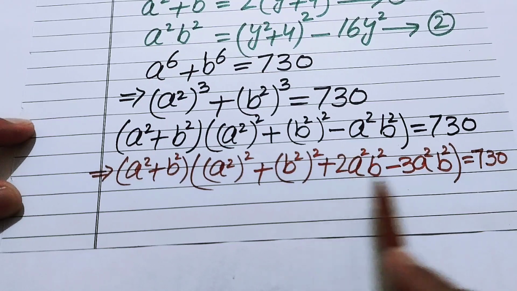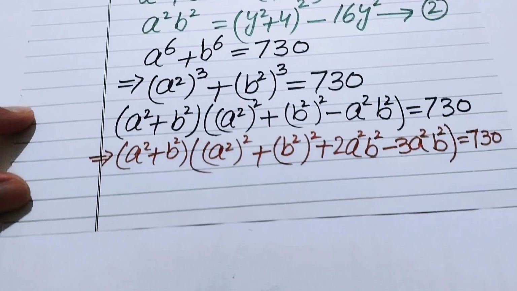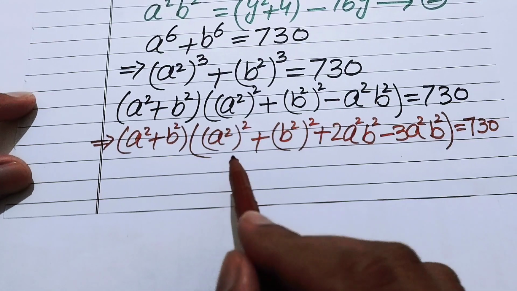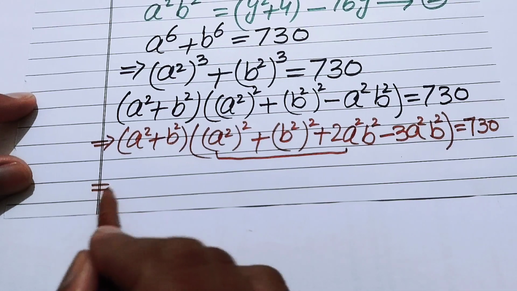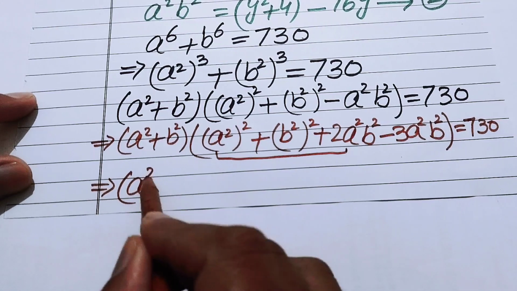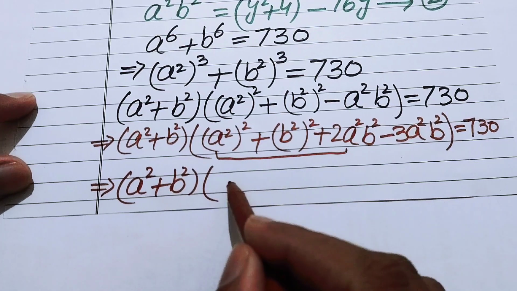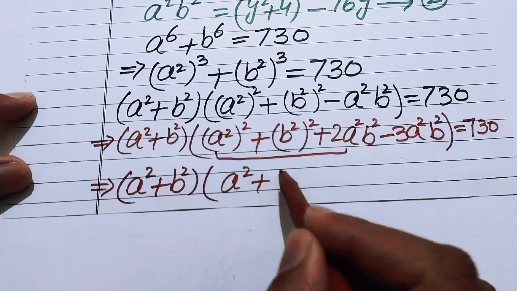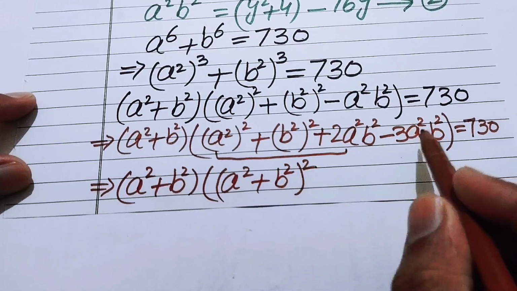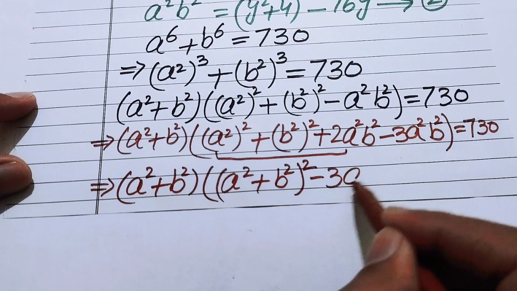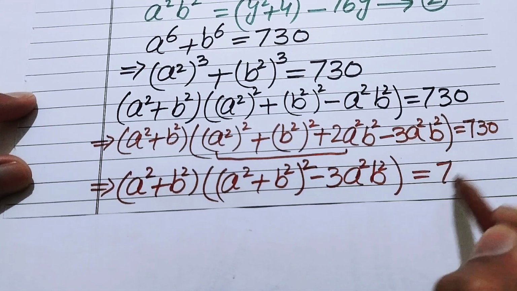You just subtract these two values and we get minus 3 times a squared b squared. Now you see these terms, and we will get here a squared plus b squared times a squared plus b squared and its whole square, and you have minus 3 times a squared b squared, and this whole equation equals 730.